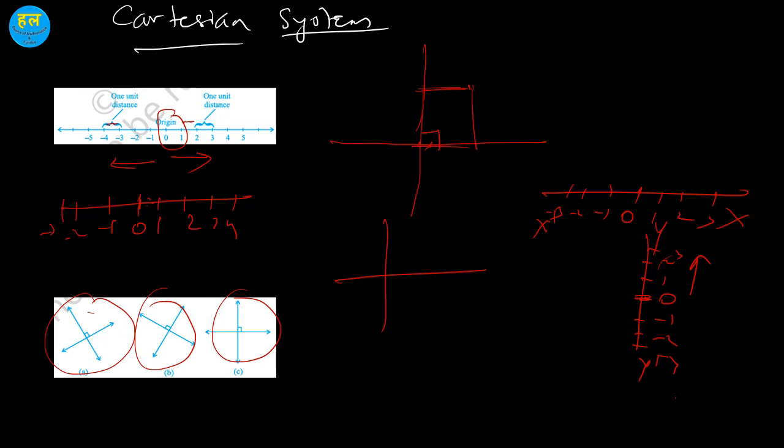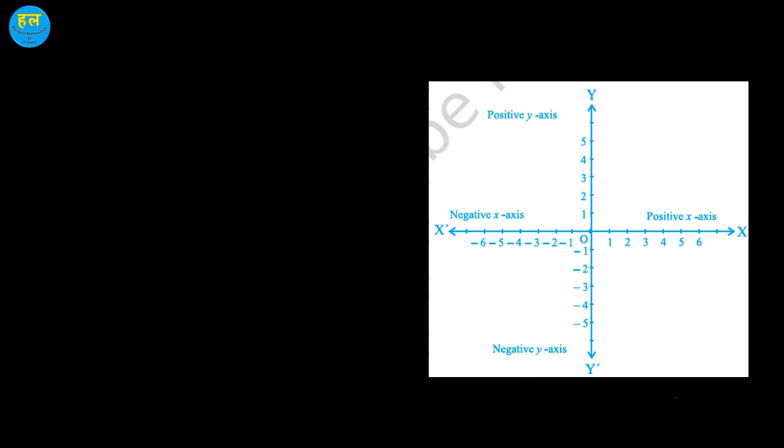When we combine both lines, we get 0, a positive x-axis 1 2 3 4 5 6, and a negative x-axis -1 -2 -3 -4. On the vertical side, on top we get the positive y-axis, at the bottom the negative y-axis, and the center will be the origin.